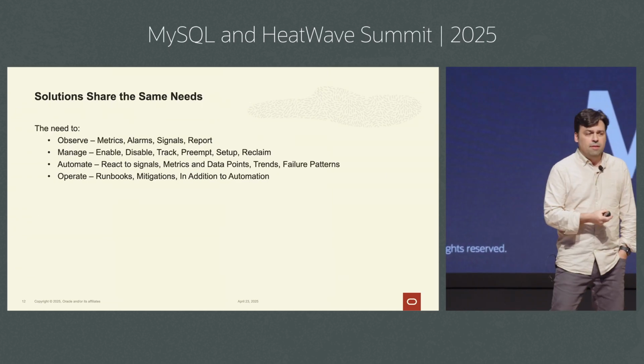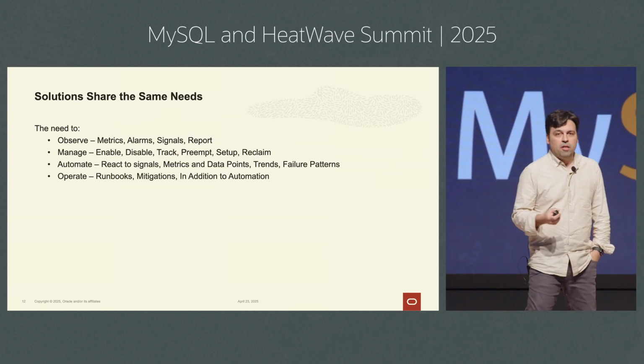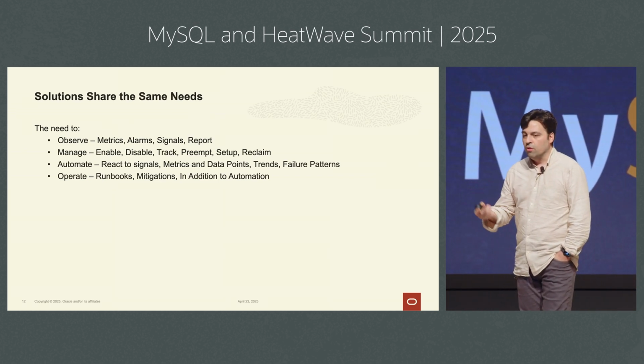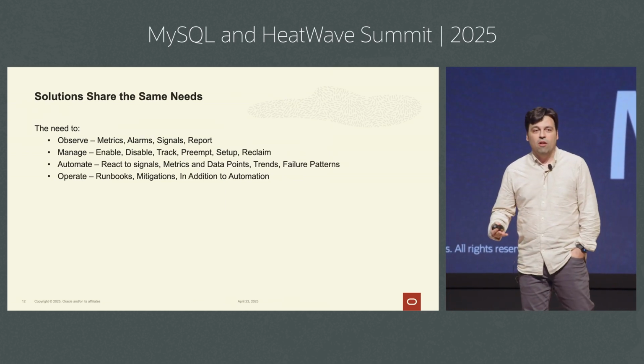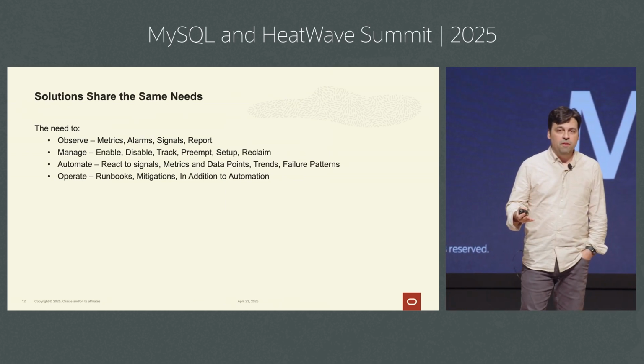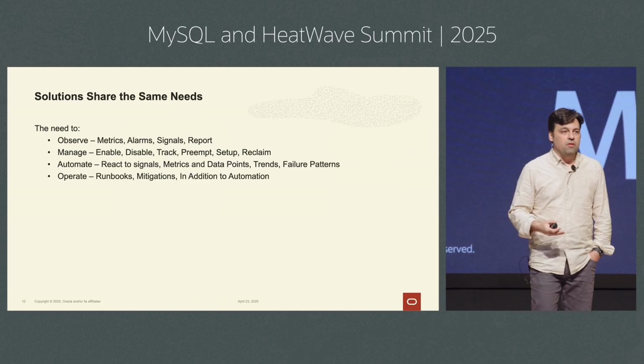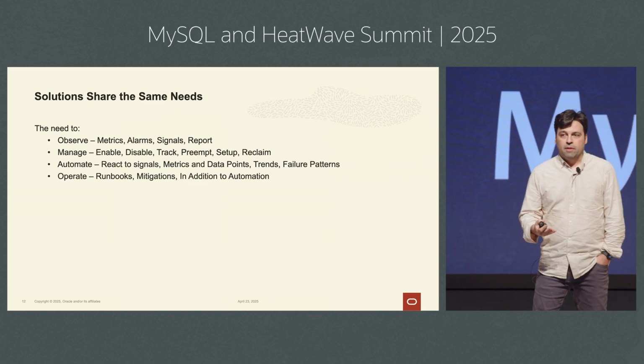So one thing that is common across all these different solutions is that there are some needs that are shared across all of them: the need to observe, the need to manage, the need to automate, the need to operate, right?